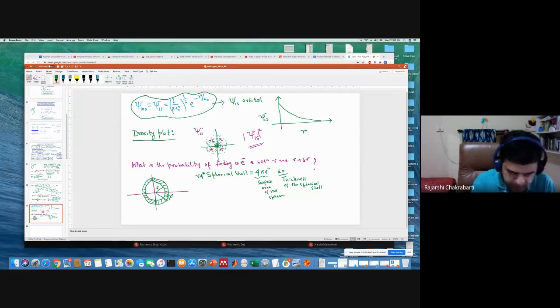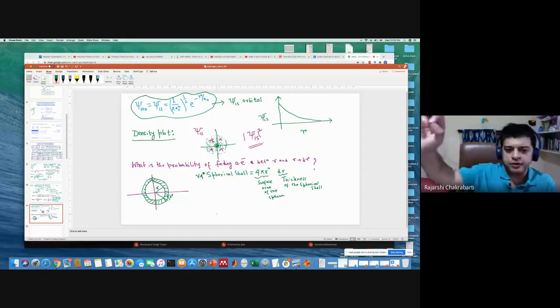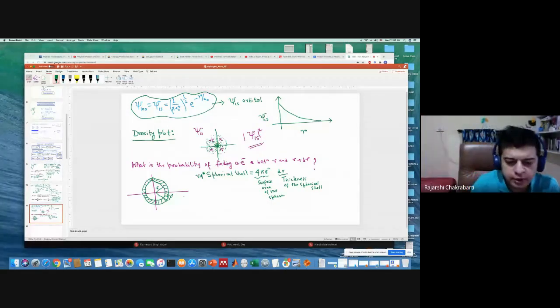Now I can always say, okay, now I ask a question. What is the probability of having the electron at a distance, or how possible the distance r from the nucleus? In order to do that, I need to take the square of this function multiplied with this volume element.